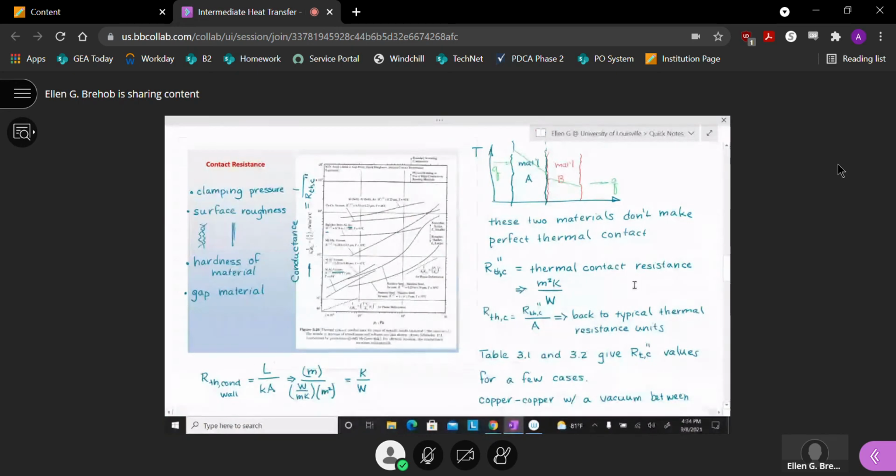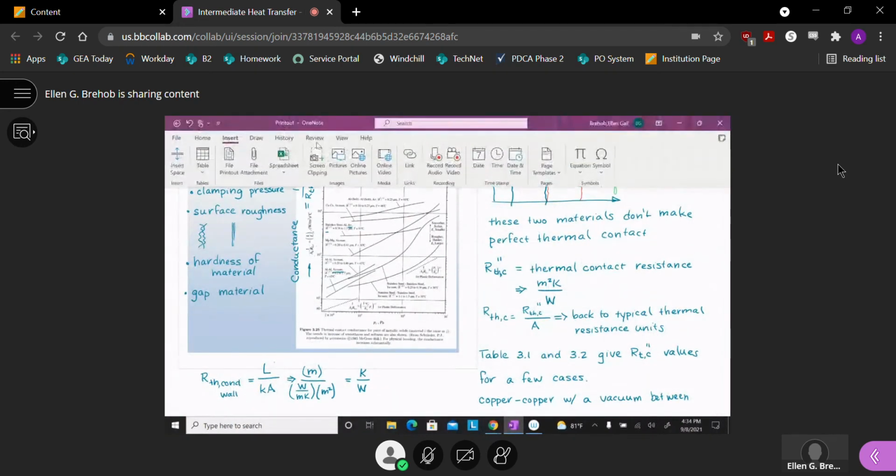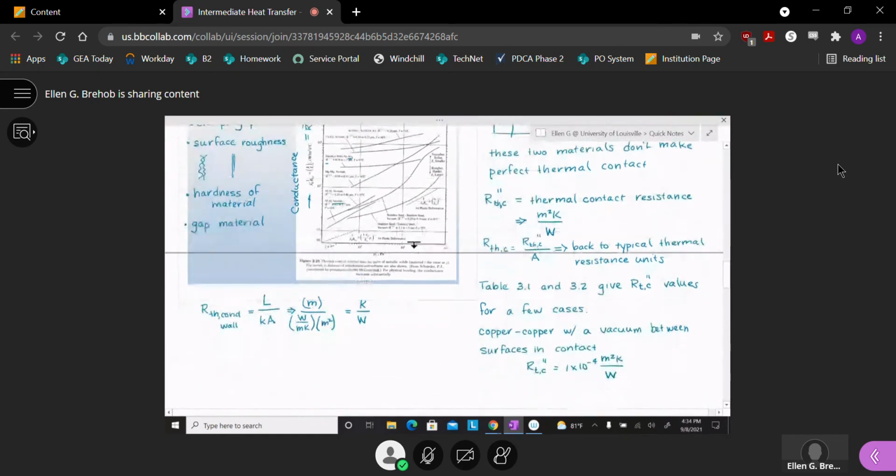Maybe the last thing I want to talk about before we leave this is why, if you looked at this chart, it's always showing copper and copper, stainless steel to aluminum. Why are those the materials that we see contact resistance for?